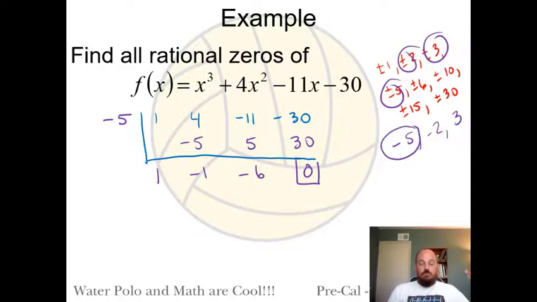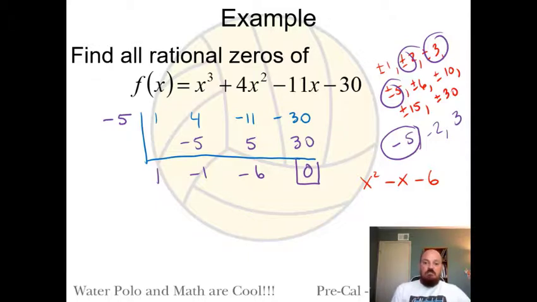And now you have 2 choices. What I would normally suggest is you just rewrite what's left over as a quadratic and factor it the old-fashioned way. I'm going to leave the bottom blank, and I'm going to come back and show you something else we could do here. That 1, negative 1, and negative 6, we've gone from x cubed to x squared. So that represents 1x squared minus 1x minus 6.